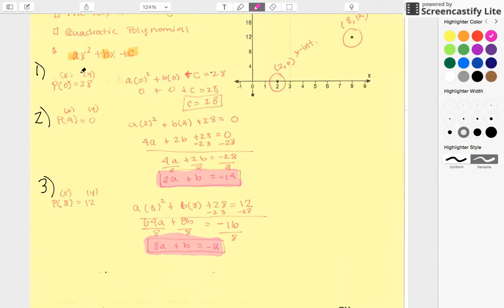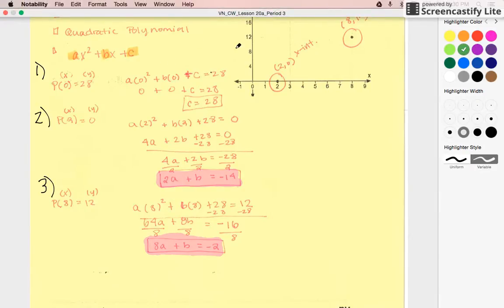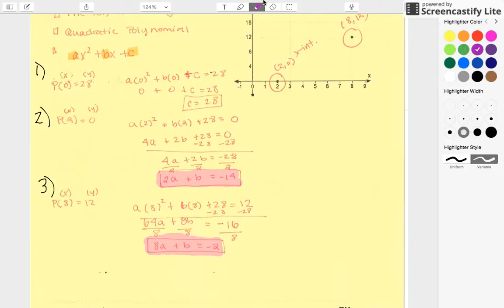Okay, and we use those points on our graph to help us figure this out. Now, our structure, remember, is ax squared plus bx plus c. The whole point of this is because we need to figure out the clues here. We want to figure out what are our a values, what are our b values, and what is our c value.